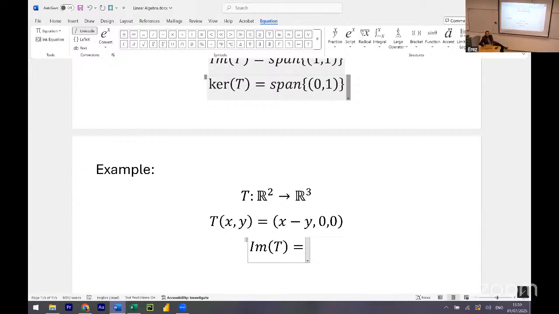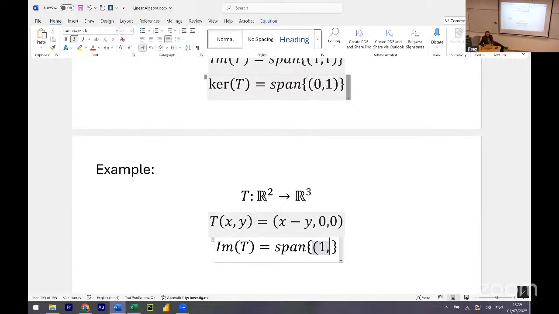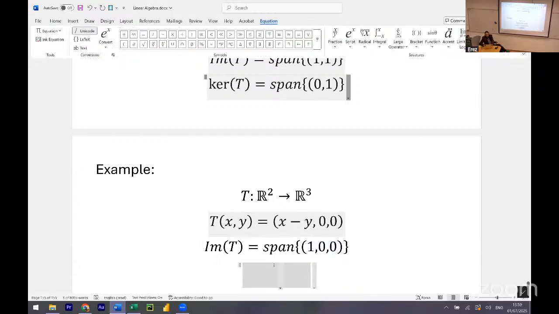Who can tell me the image? It's the span of (1,0,0). Yes, exactly, because everything that comes out of this function is of the type (something, 0, 0). So that's the image. What about the kernel?